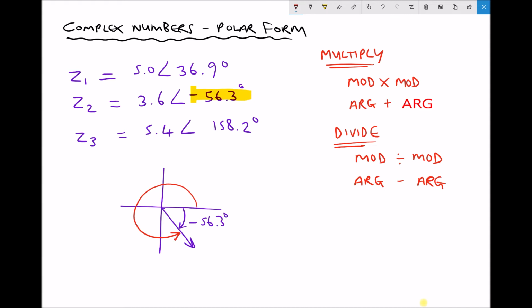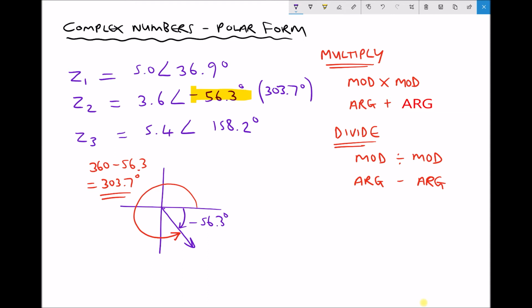Hopefully from observation you can see that the angle drawn in red there is just 360 minus the 56.3, which is 303.7. So the important thing here is we do have options. We could specify that as minus 56.3, or we could have expressed it as 303.7. Both of those would be accurate.